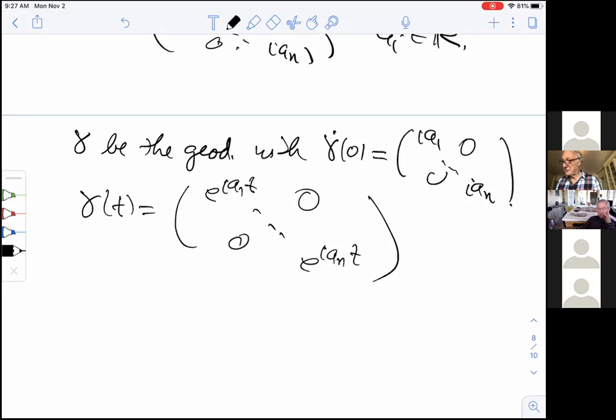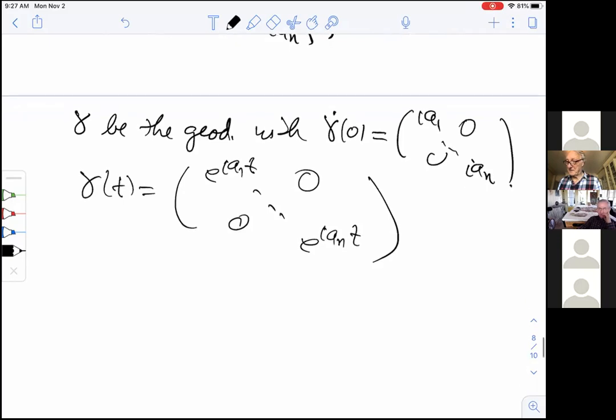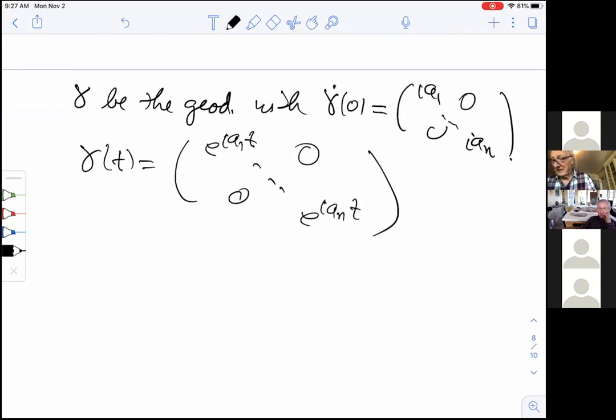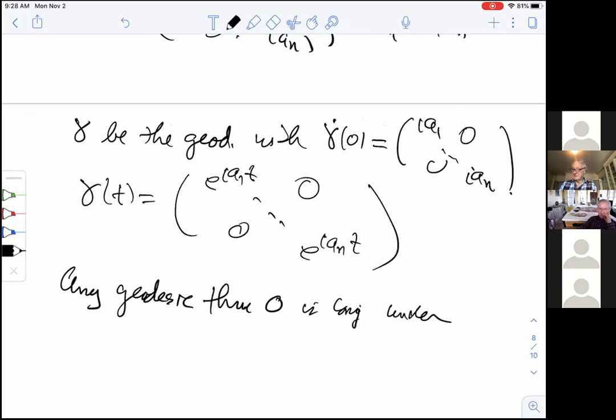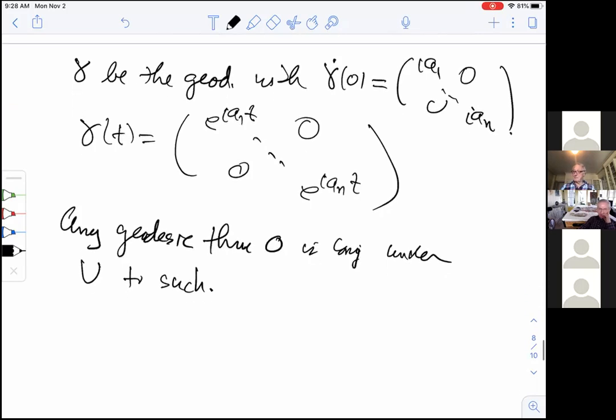Its tangent vector is self-parallel, and it has tangent vector at the origin clearly given by the given vector. Okay. So any geodesic through the origin is conjugate under the unitary group to such. So up to conjugation by the unitary group, these are all the geodesics that go through the origin.